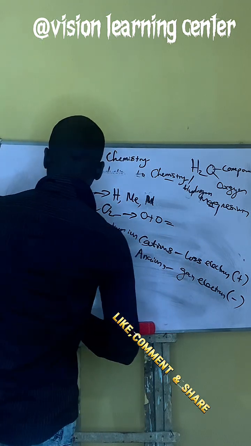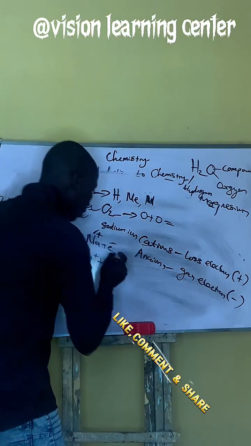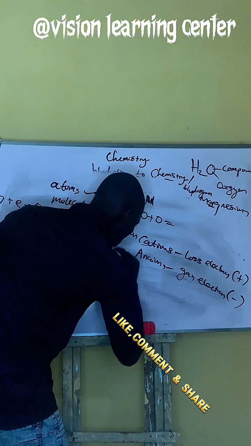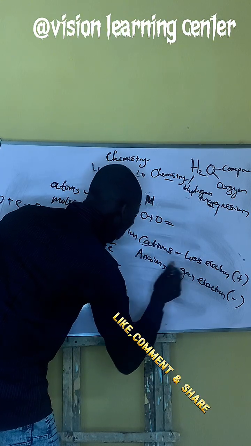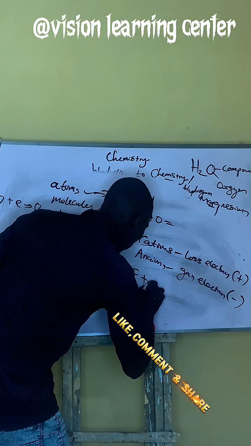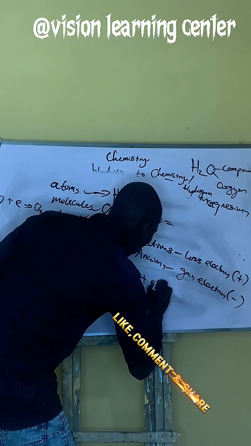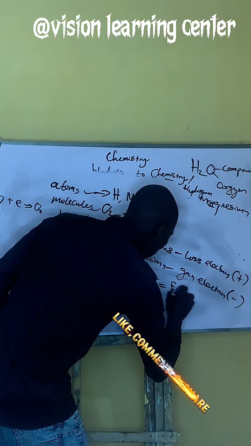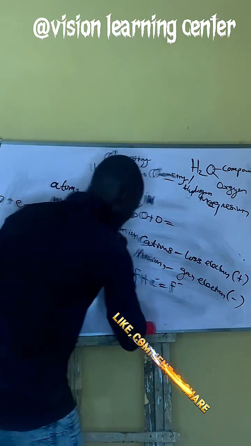Examples of anions: we have fluoride, which gains one electron to become fluoride ion.